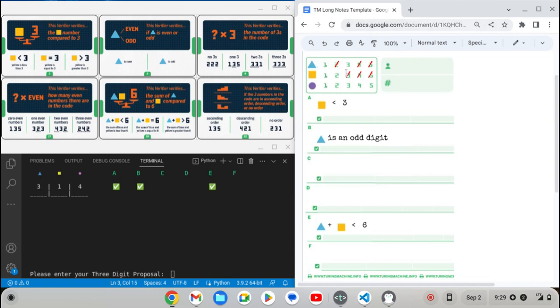We see that we have 2 opportunities for 3 in triangle and circle. We also did not test criteria card D. That lets us know how many evens there are in our solution. And of course, we didn't test the ordering criteria card F.